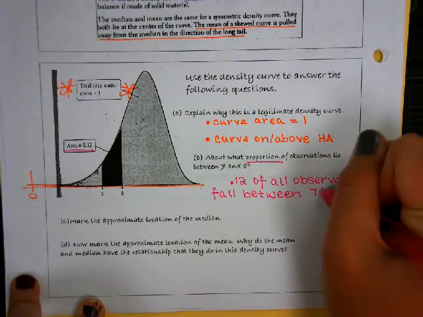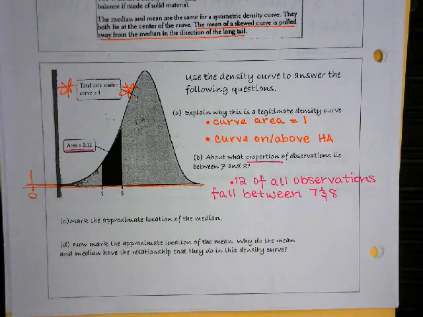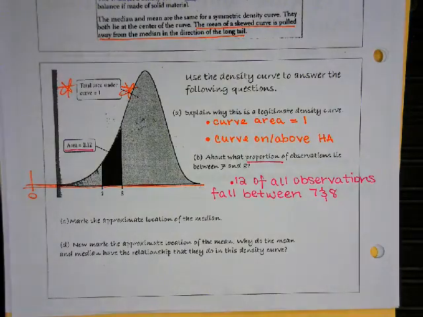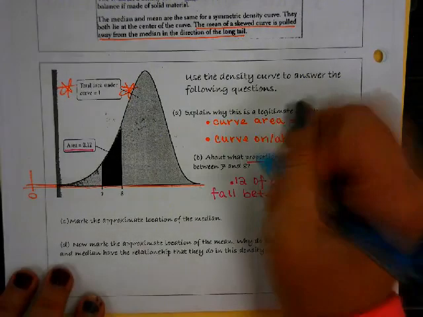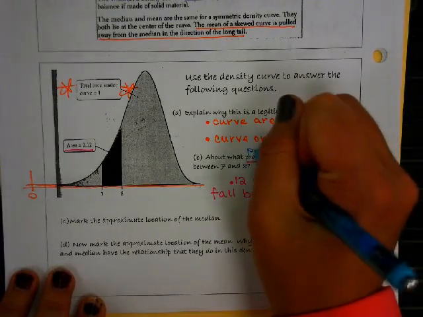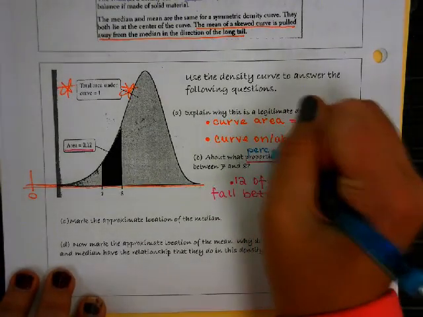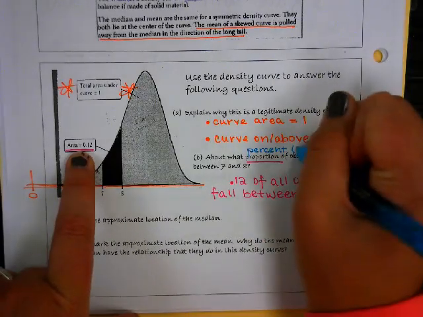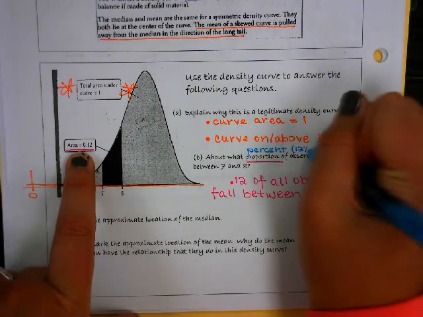Sometimes they'll ask for percent. It's the same question, except 0.12 as a percent is what? 12. So if you see percent, it's not asking anything different. You would still use that piece of information. You would just say 12% of all observations.